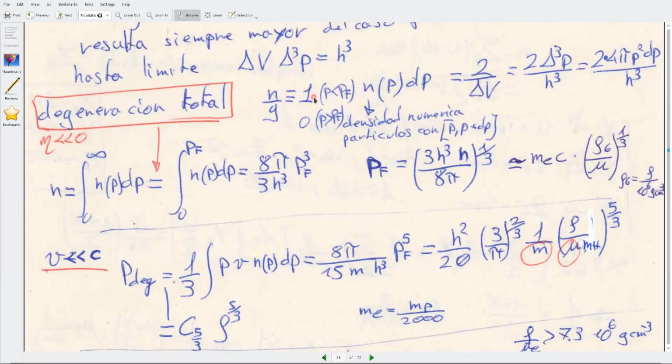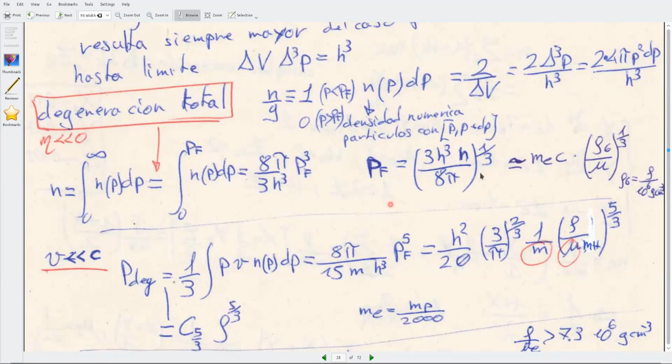You have this box shape, 1 in the center and 0, and you have this solution that the number is just 2 divided by the volume, which can be rewritten, as saw before by the uncertainty principle, as 2 divided by the volume in the momentum space volume divided by the unit of the phase space, h cubed, which can be written this way.